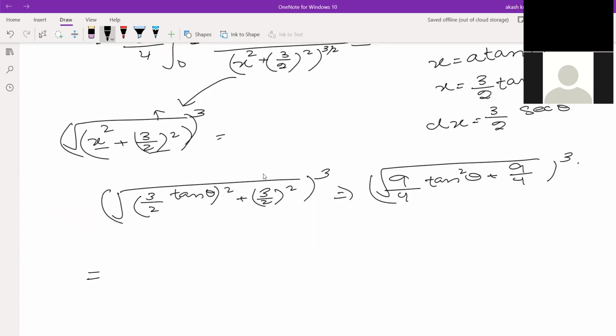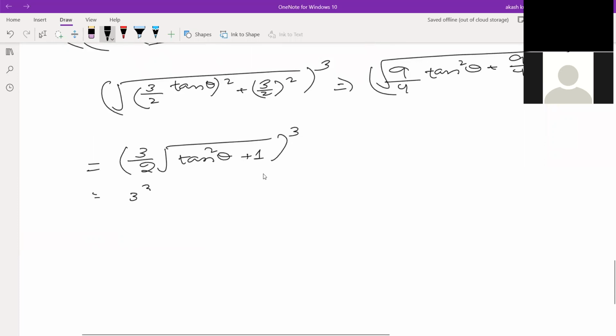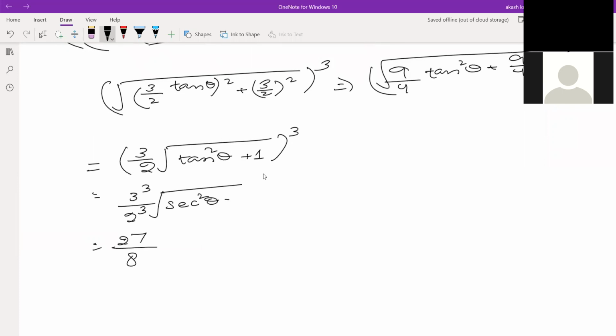Taking 9/4 out, so it becomes 3/2, and inside is left tan square theta plus 1, cube root 3. So 3 cube root, 2 cube root, and here 1 plus tan square theta is equal to sec square theta. 3 times 3 will become 27, 2 times 2 times 2 becomes 8, and sec theta.